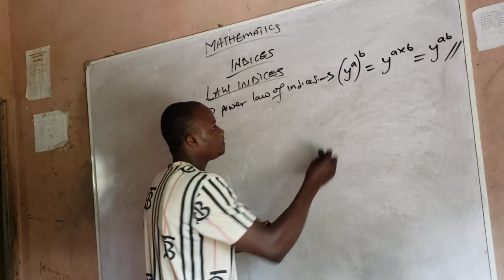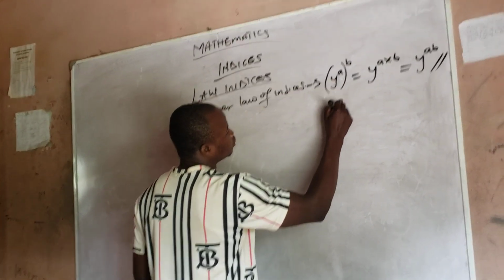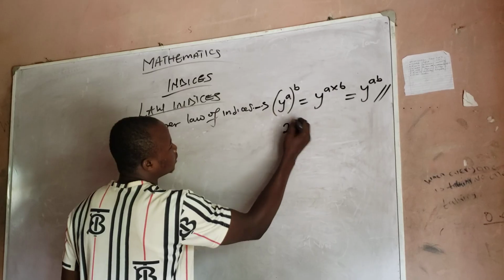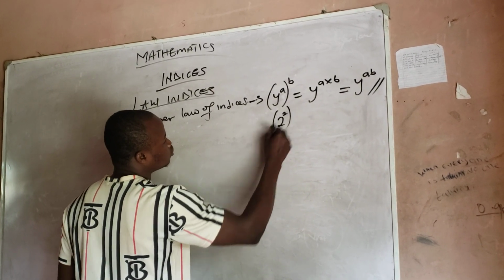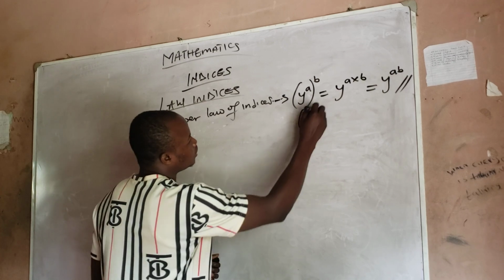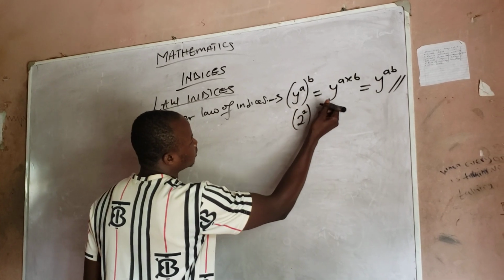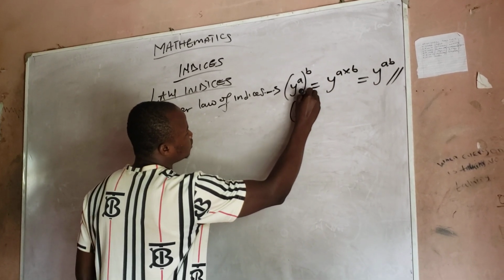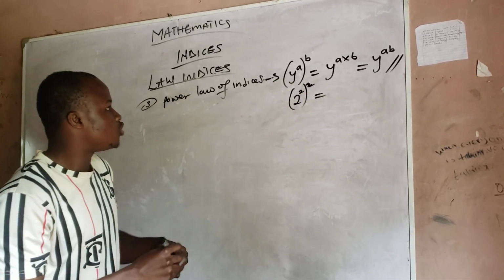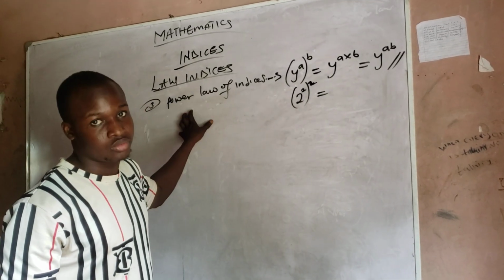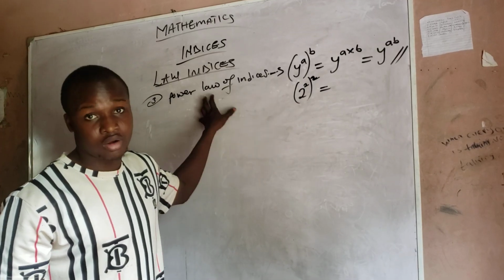For example, if you have 2 raised to power 2, and that raised to the power of 2, something like this, we are going to apply power law of indices.